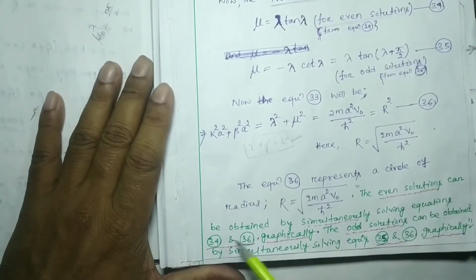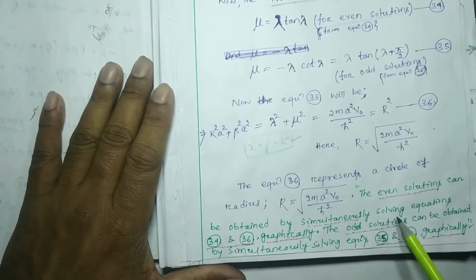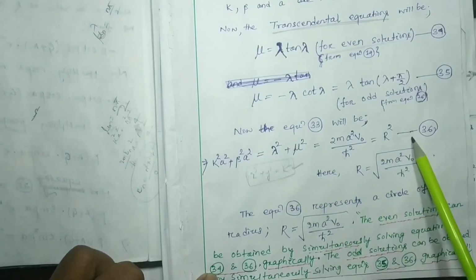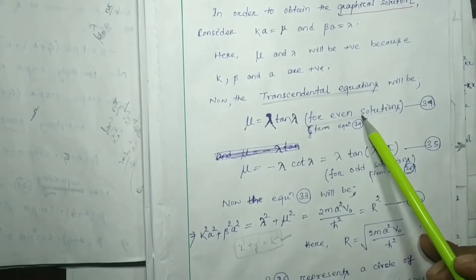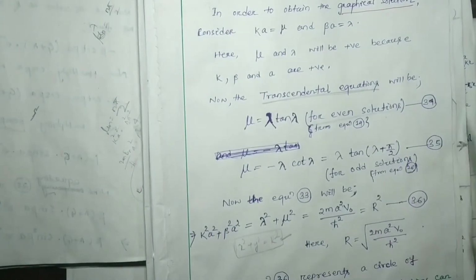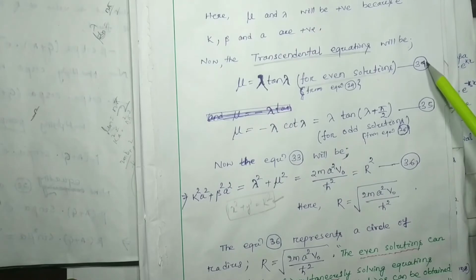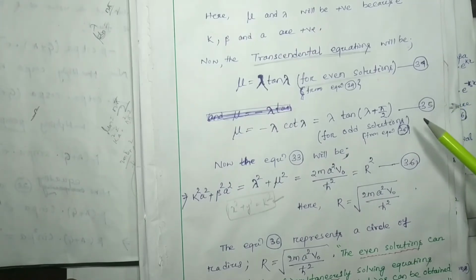So now even solutions can be obtained by simultaneously solving equations 34 and 36. See, combined equation is 36, only even solution equation is 34. So if I consider the 34 and 36 equations combinedly, and try to solve 34 and 36 simultaneously, what can we find?